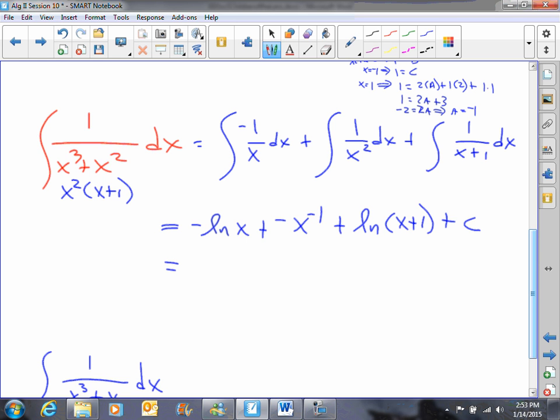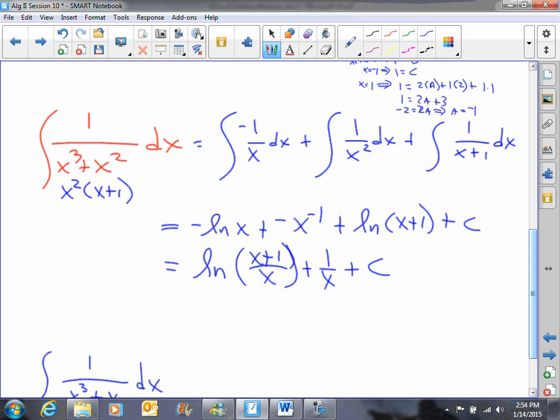So this gives us the natural log of x plus 1 over x plus 1 over x plus c for the actual answer to this one.